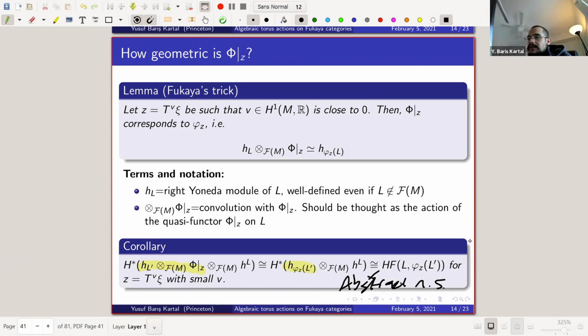So that's the quickest relation of this crazy algebraic construction to the actual family of symplectomorphisms. This triple tensor product gives you the Floer homology group. And that's only for Z close to the identity or close to the unitary elements.